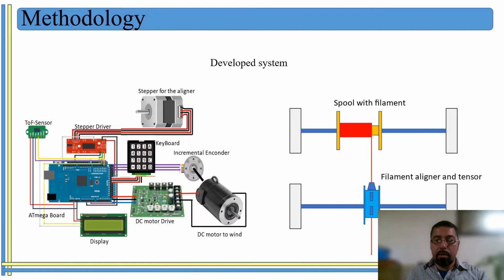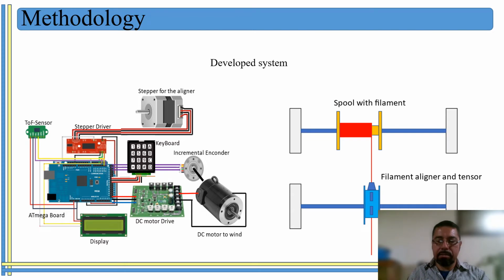Well, our device has a spool holder where the spool is placed in its position, and then we're gonna have a filament aligner car, which is gonna be in charge of moving from one side to another side in order to be placing the filament.